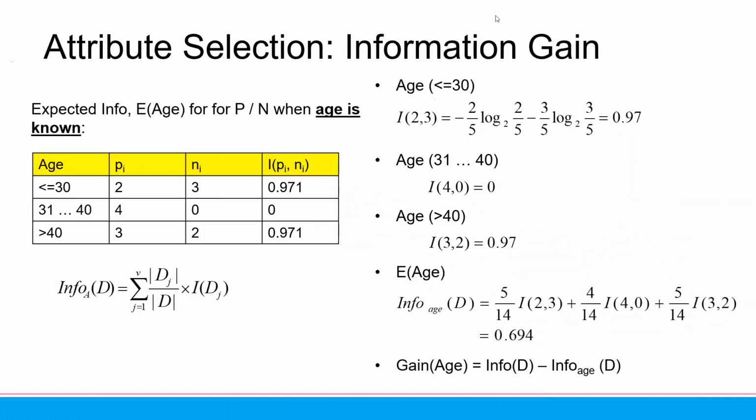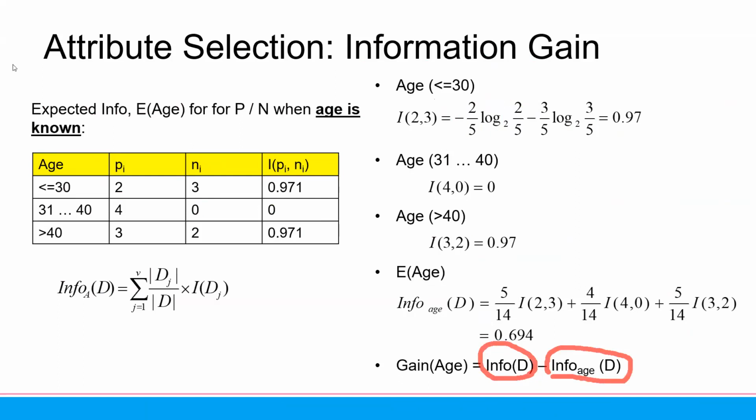After we have this information, we need to subtract it from the whole information. What is the whole information here? We need to get the Info(D). The Info(D) is the total data from the 14 data.